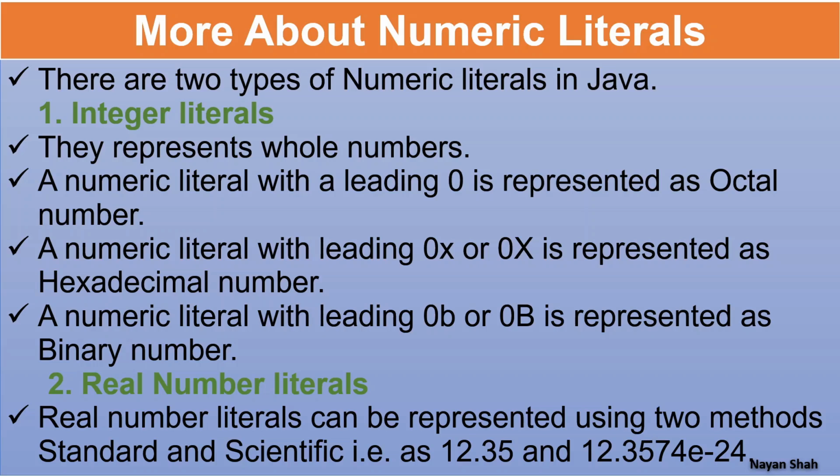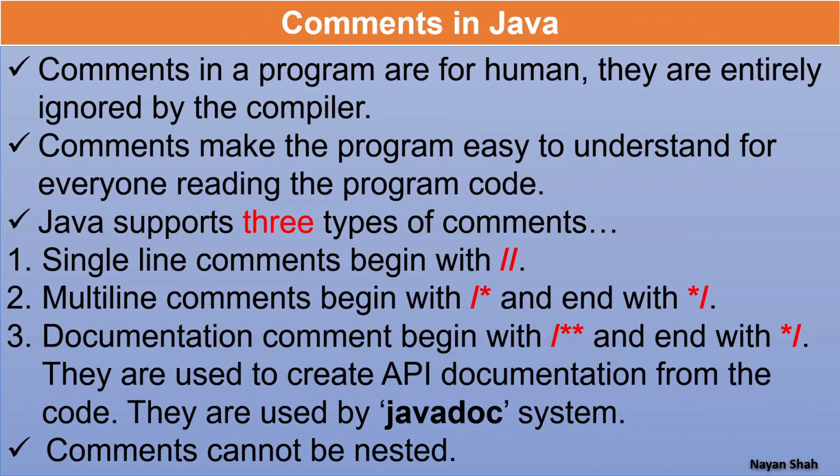So those are the 4 different number systems. A real number has 2 types of representation, standard and scientific, wherein in scientific E is the exponent, that is 10 raised to.